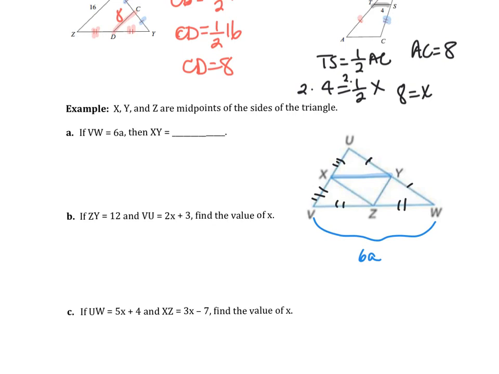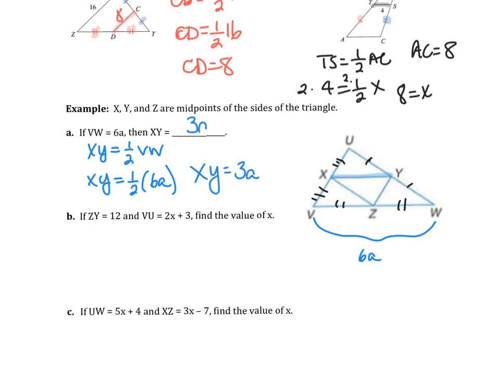So I'm going to put this, so XY is equal to half the length of VW. So I know that XY is equal to half 6 times A. So half of 6 times A is equal to 3A. So I know that XY is equal to 3A.